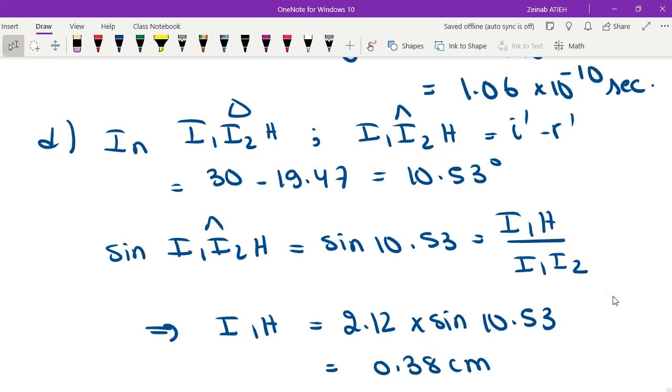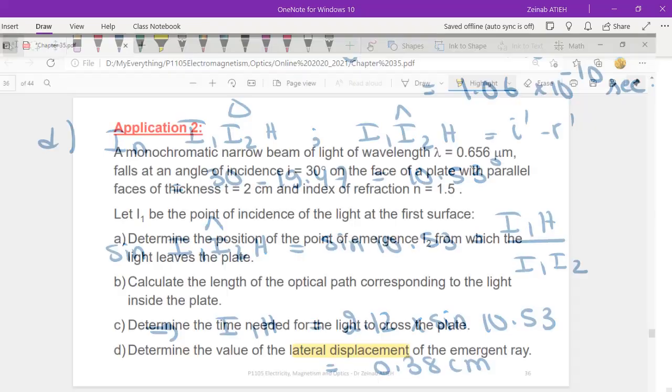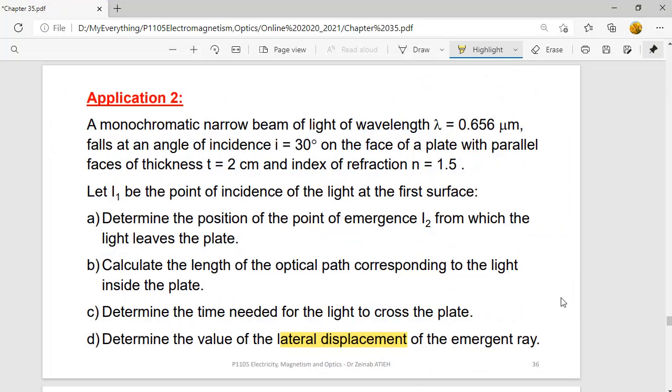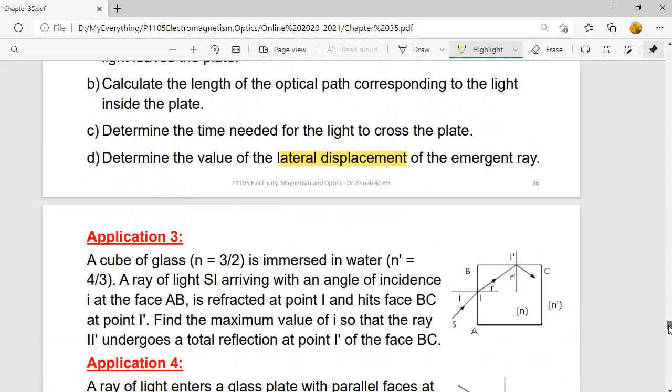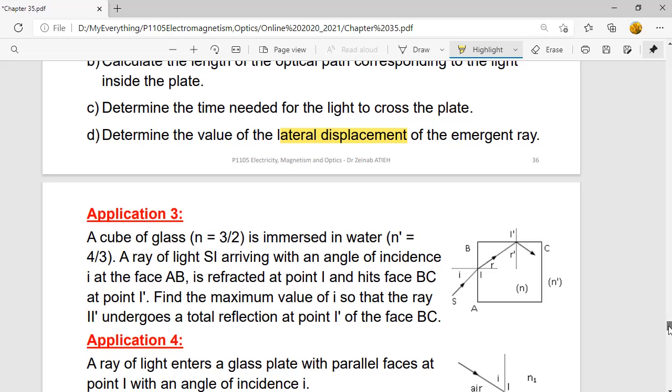Now let's do application 3. Application 3 says a cube of glass, n equals 3/2, is immersed in water, n prime equals 4/3. A ray of light SI arriving with an angle of incidence I at the face AB is refracted at point I and hits face BC at point I prime.